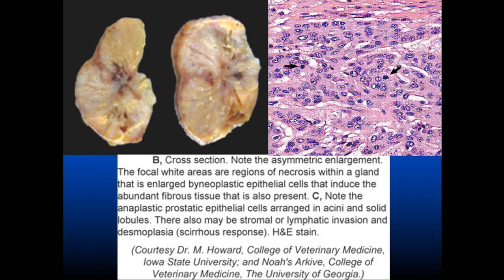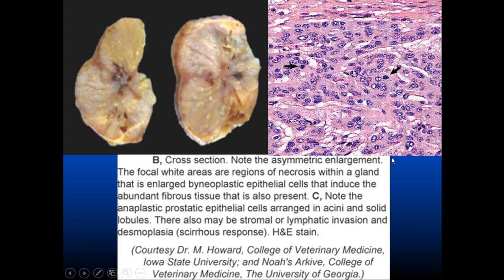The characteristic of prostatic adenocarcinoma is that the cells have large nuclei, large nucleus, with eosinophilic cytoplasm, and there is also fair variation in the size of the nuclei.